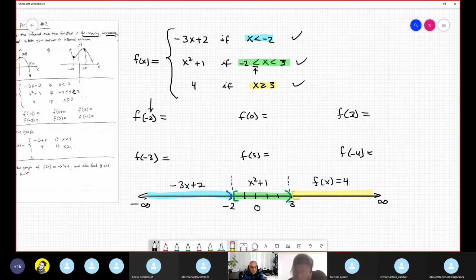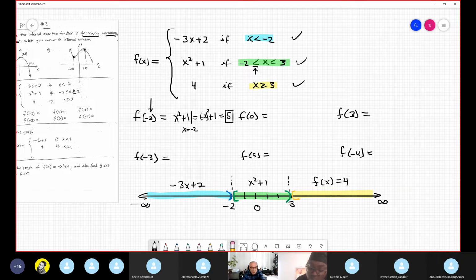So Yasmin says you select the expression x squared plus 1 because -2 belongs to the green interval. Plugging in -2: -2 squared is 4, plus 1 is 5. Boom, final answer.